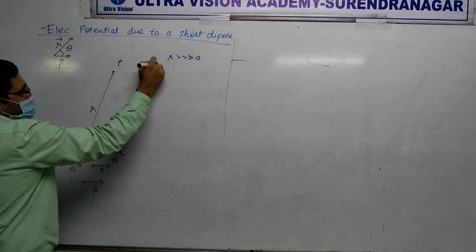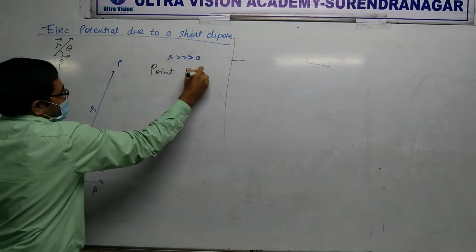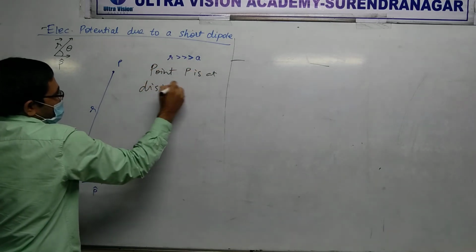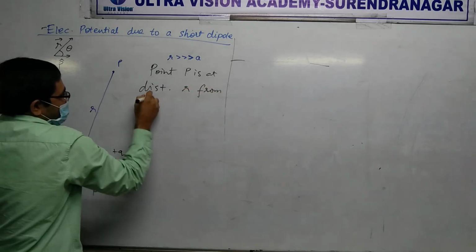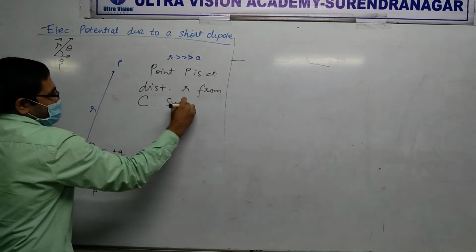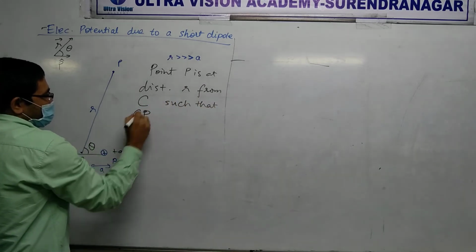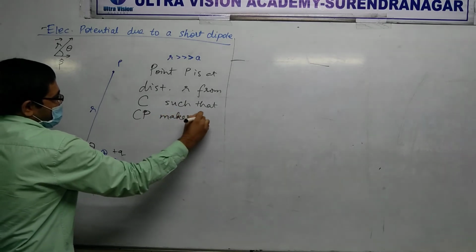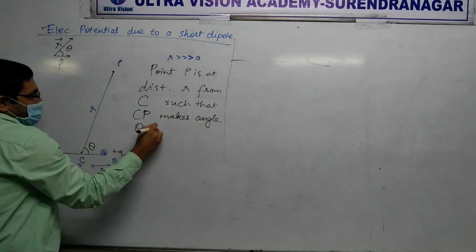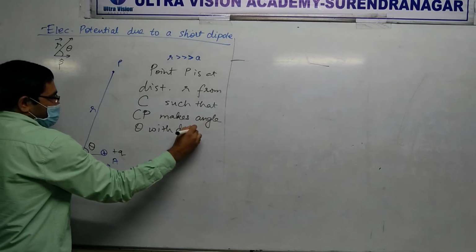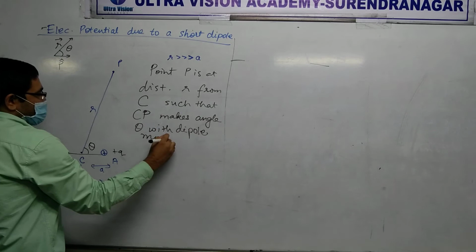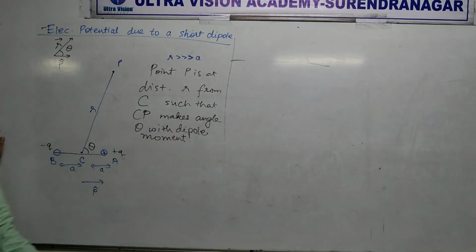Consider a point P at distance r from C, such that CP makes angle theta with the dipole moment. Clear so far? r is much greater than a.